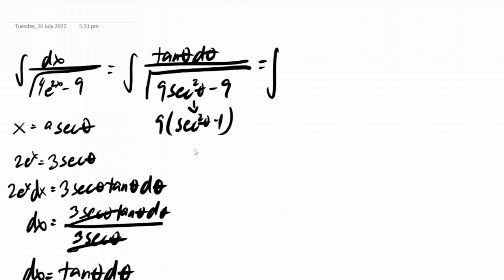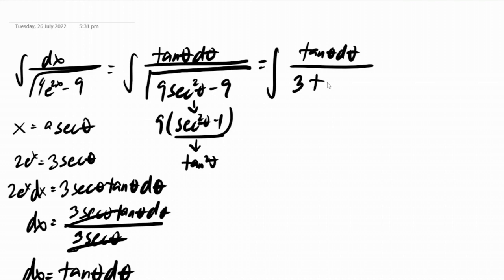And secant squared theta minus 1 is equal to tangent squared theta. So if we bring out 9, the square root of 9 is 3, and the square root of tangent squared theta is tangent theta.